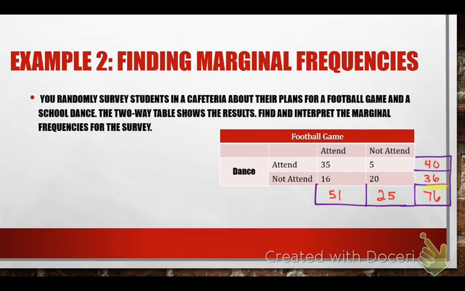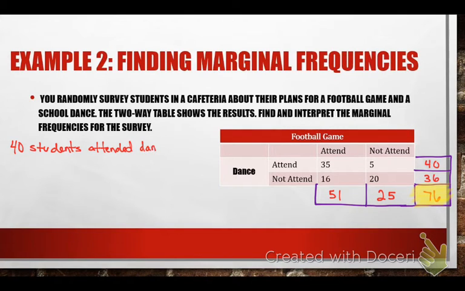And is that my total for my vertical and horizontal coming together? Okay, so now the interpretation. 40 students attended what? The dance. 40 students attended the dance.